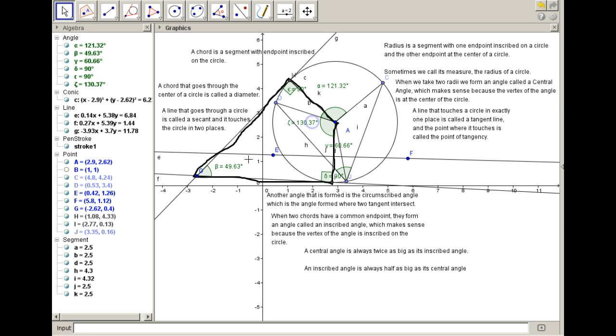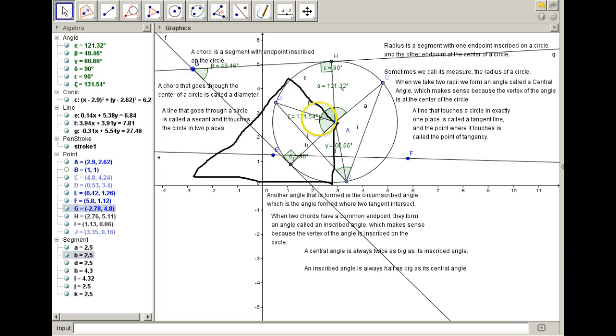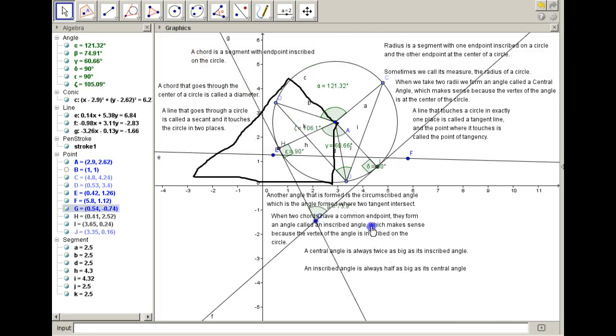So what happens is, if you add these two numbers together, they equal 180. And that's important because inside of every quadrilateral, there are 360 degrees. If 90 is here at the point of tangency, and 90 here at the point of tangency, these angles opposite each other must be supplementary. Even if I move that point around, those two will always add up to 180 degrees.